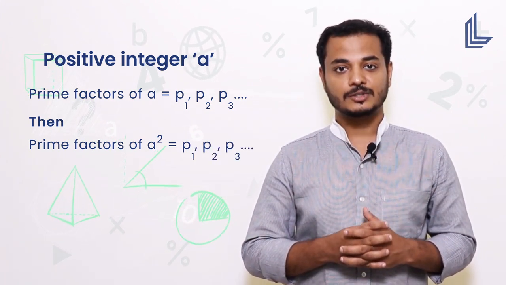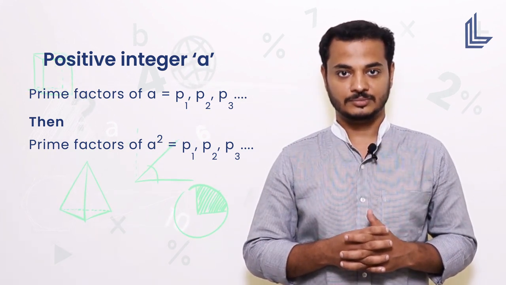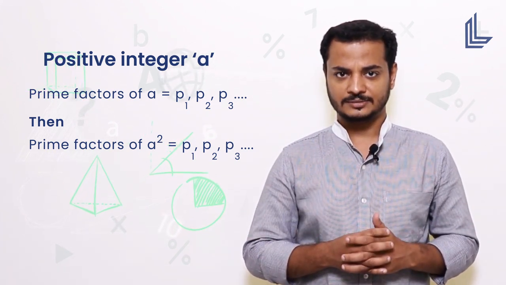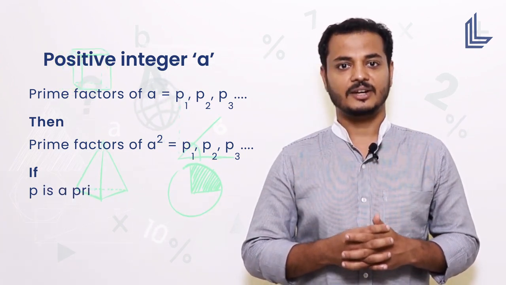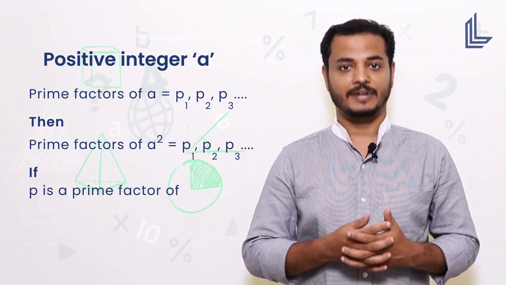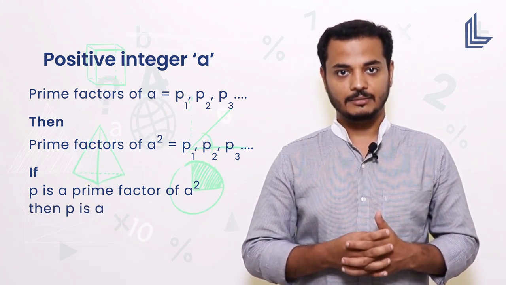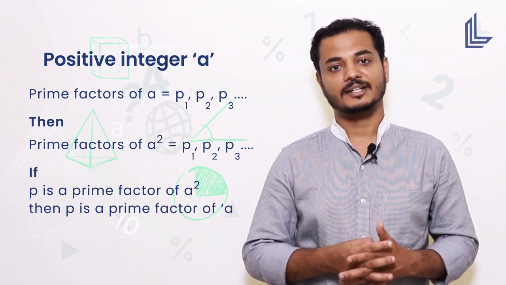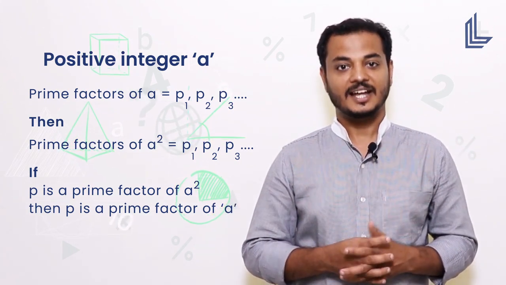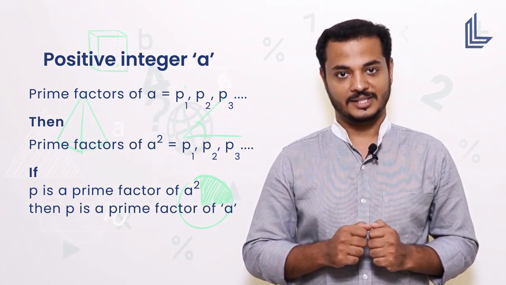Now the converse of this statement is also true. Now what is the converse of this statement? If p1, p2, p3, etc. pn are prime factors of a square, then p1, p2, p3, etc. pn will be prime factors of a as well. That's the small theorem that we wanted to discuss.